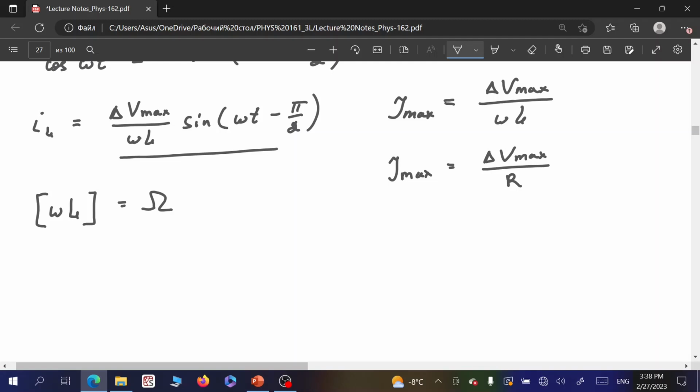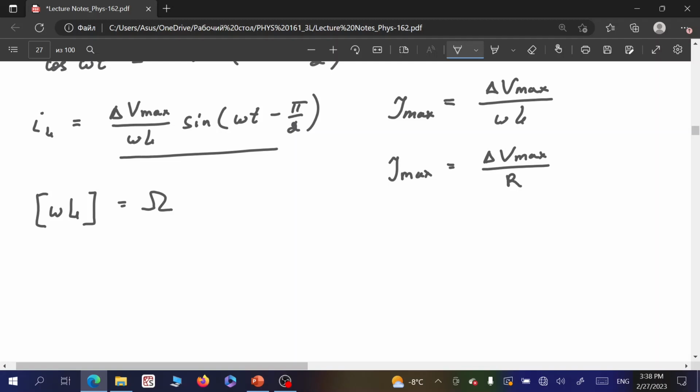But when we have AC current, then the inductor becomes equivalent, as we discussed earlier, to resistance, and it opposes the change of electric current. And since AC electric current is all about change of current, because it changes continuously, it behaves like some reactive inductive reactance, which opposes the flow of AC current in the electric circuit.